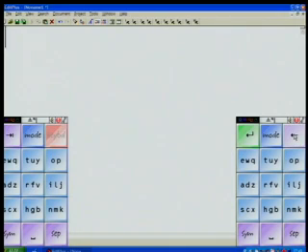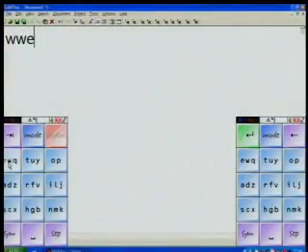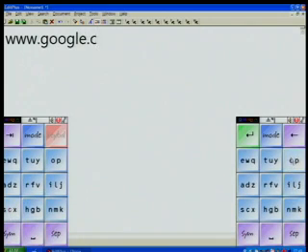So if you want to enter, for example, W, W, W, you can use both hands together to input that way. Maybe symbol, and here dot, maybe G, O, O, G, L, E, symbol, dot, C, O. You can use your left hand and right hand together, so it can speed up the input.